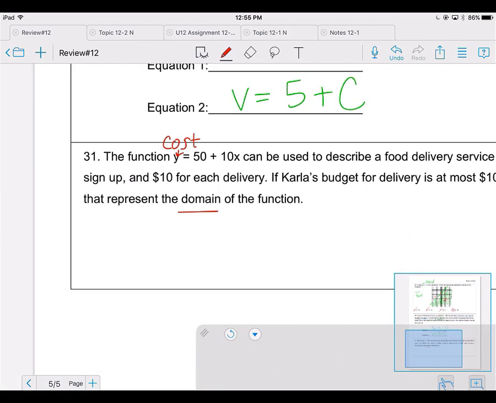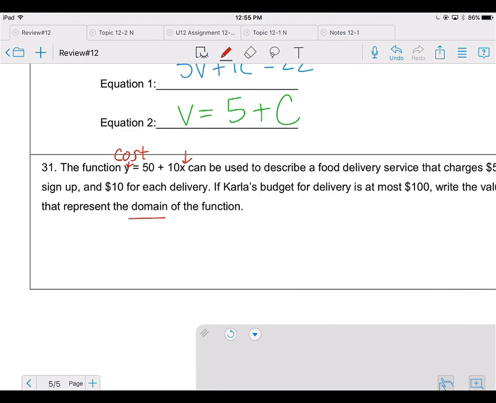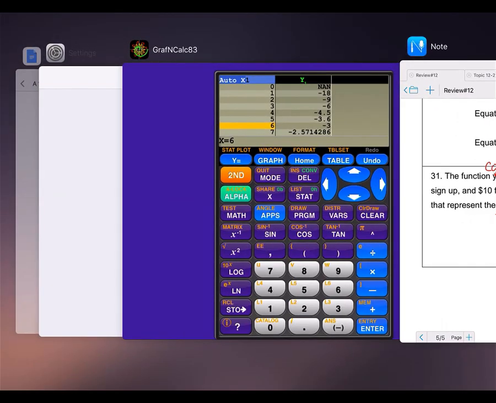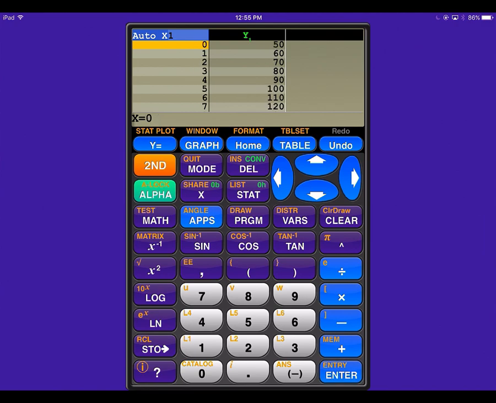Okay, so if we're describing the domain, we need to find out what those x values can be. The delivery budget is at most 100, so y is at most $100. So we need to figure out how many x's we can get in for $100. So I'm going to take that equation, 50 plus 10x, and put it in y equals, and go look at my table.